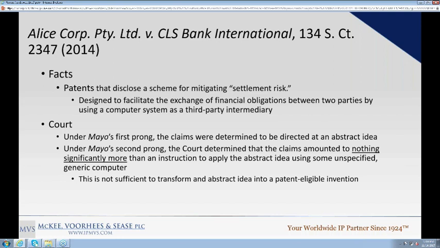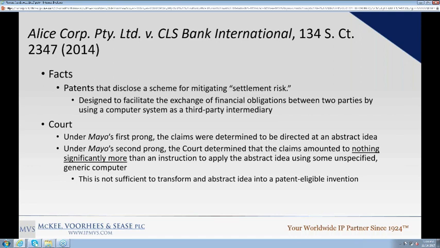So then they asked, does it do something significantly more? In assessing that, the court said, not really. It seems to be implementing just generic, unspecified computer steps that at this point are pretty well understood in the art.